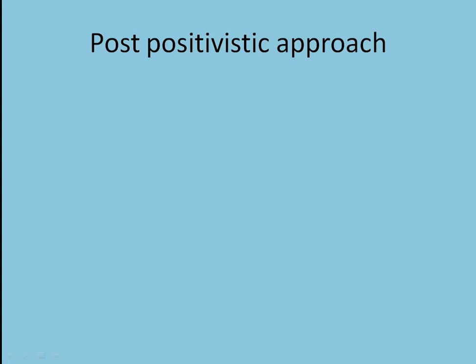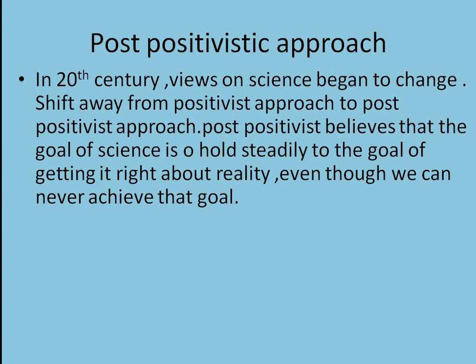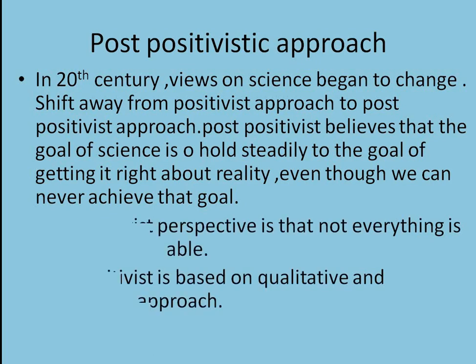Our last topic is the post-positivist approach. Now, what is the post-positivist approach? In the 20th century, views on science began to change. There was a shift away from the positivist approach to the post-positivist approach, as post-positivists believe that the goal of science is to hold steadily to the goal of getting it right about reality, even though we can never achieve it.